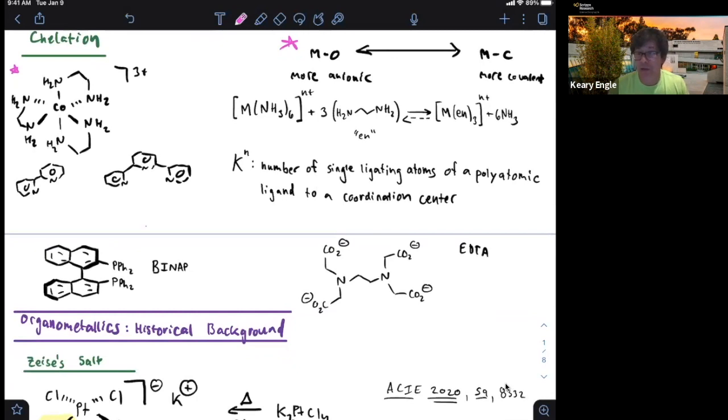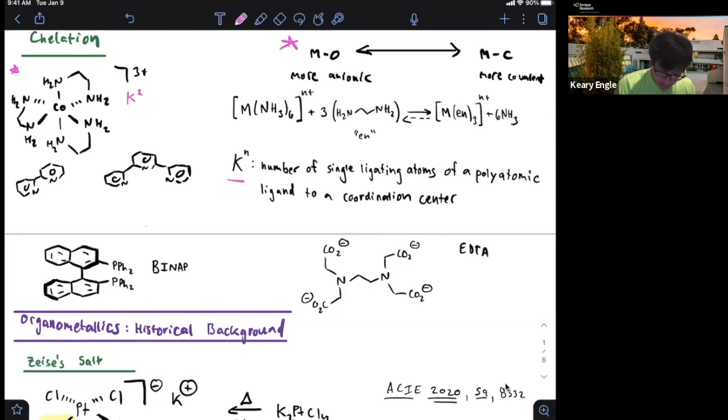And the Greek letter that we use to describe chelated structures is kappa. Kappa refers to the number of single ligating atoms of a polyatomic ligand associated with a metal. So this is an example of a kappa 2 bound ligand, where you have two distinct single ligating nitrogen atoms that are contained within the same molecule of ethylenediamine.